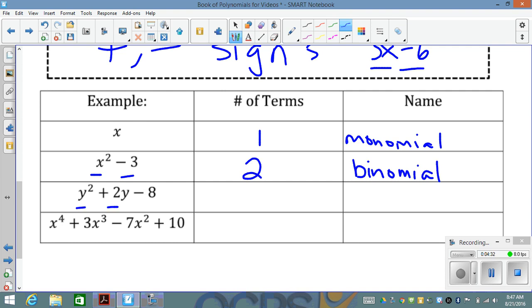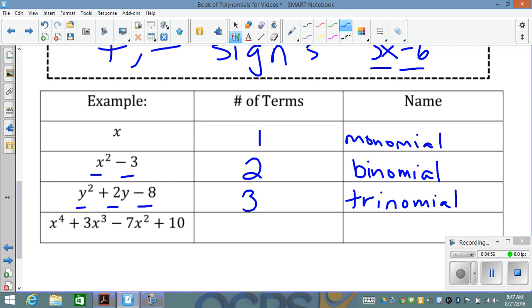Next, 1, 2, 3, 3 terms. We're separated by the addition sign in the first one, subtraction sign in the second pair. So our three terms are y squared, 2y, and minus 8. So that's 3 terms. And just like a tricycle has 3 wheels, a trinomial has 3 terms.